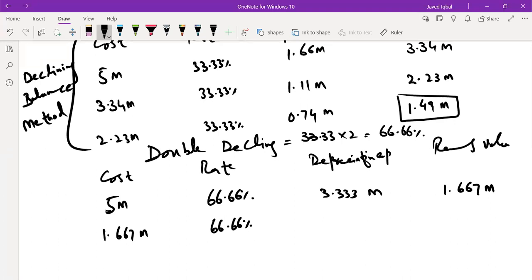1.67 multiplied by 0.6666. So you get 1.11 million. So you have a difference of 0.55, to be very exact, 0.556.